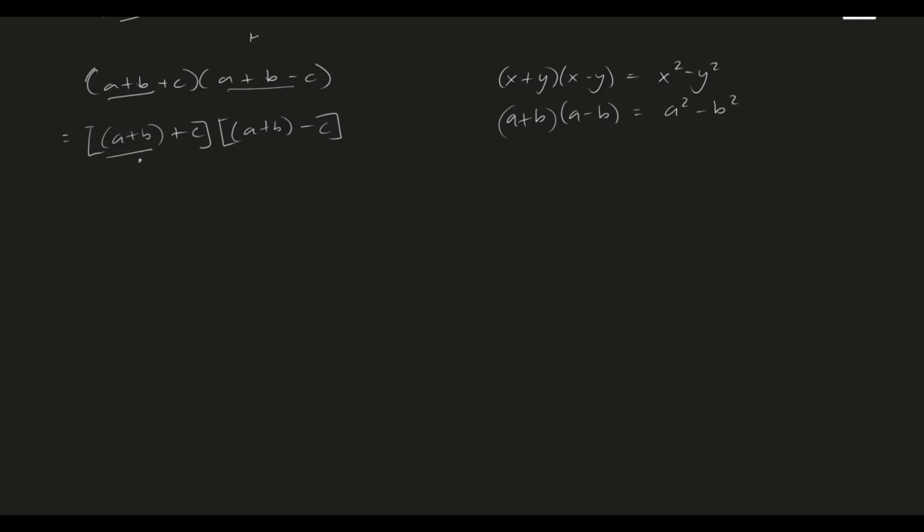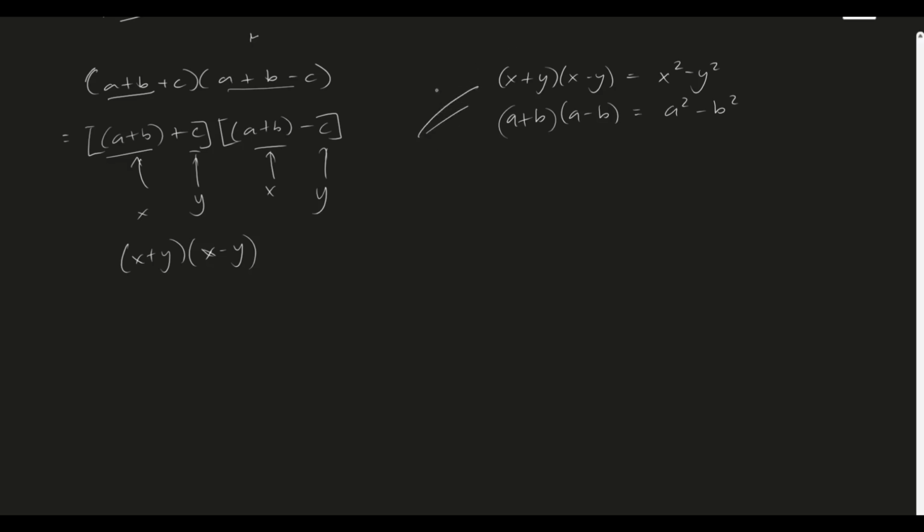So if we represent this as x, and if we represent this as y, and also for this side and this side, we will have x plus y, x minus y. So it's not different from this formula. So this one is equivalent to x squared minus y squared. So we will follow this formula.